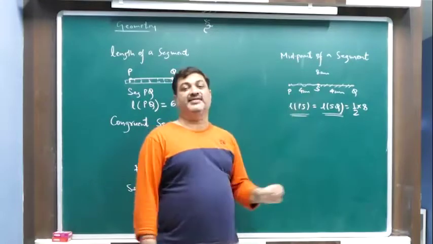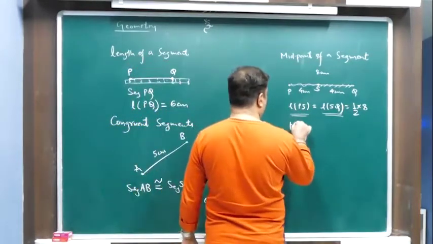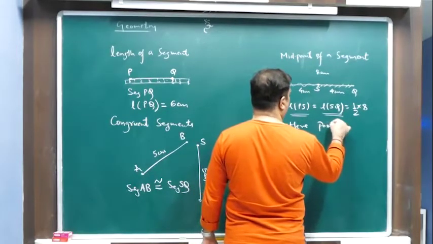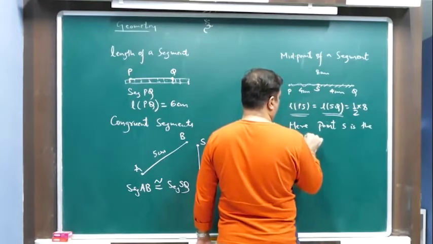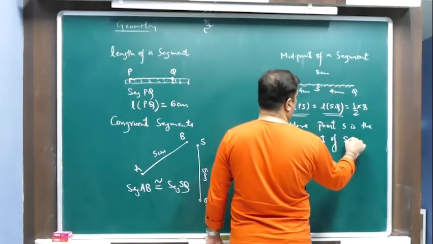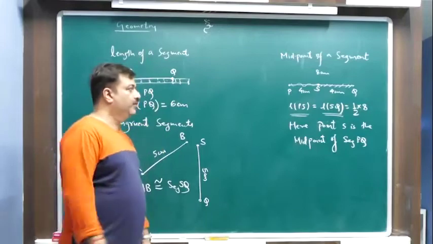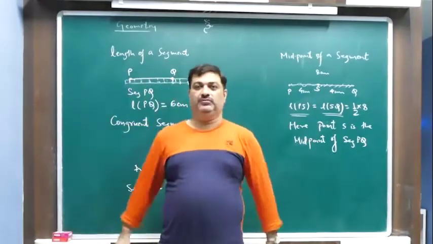So we will call S the midpoint. Correct? So here point S is the midpoint of segment PQ. Clear? So total length is 8, but each part will be 4.